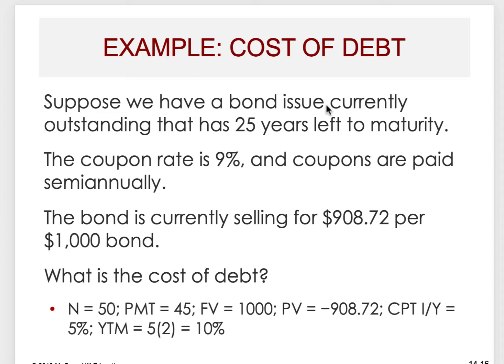If it's 5% per period, we have 2 periods per year because it's semi-annual, so we multiply that I/Y by 2. So we see that the yield to maturity is 10%. If you do not have a financial calculator, it's going to be a little more difficult, because you're going to have to use some trial and error to find that yield to maturity.